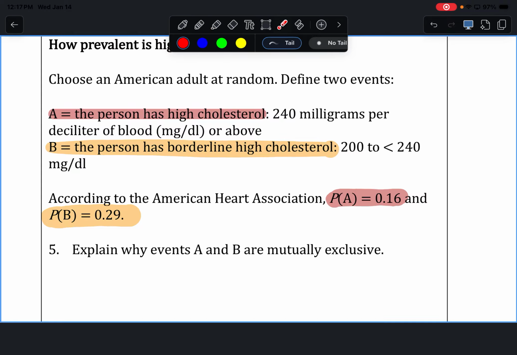So first, are events A and B mutually exclusive? Yes. Why?